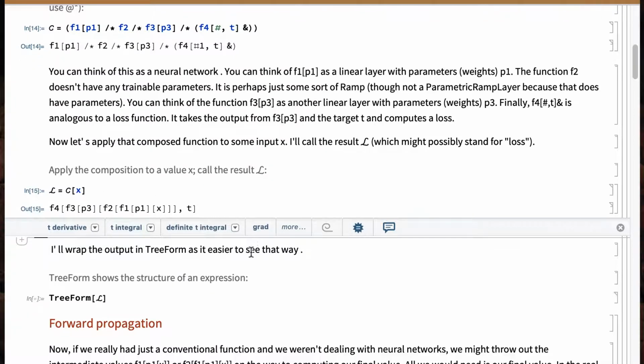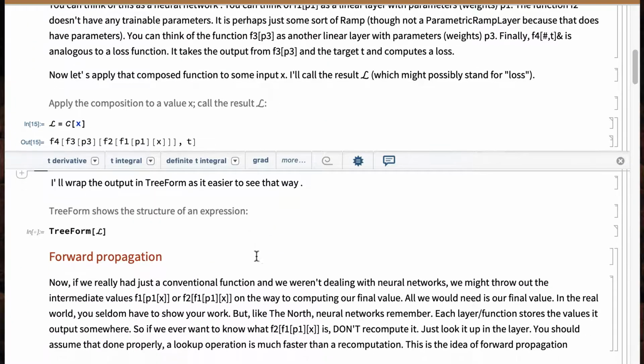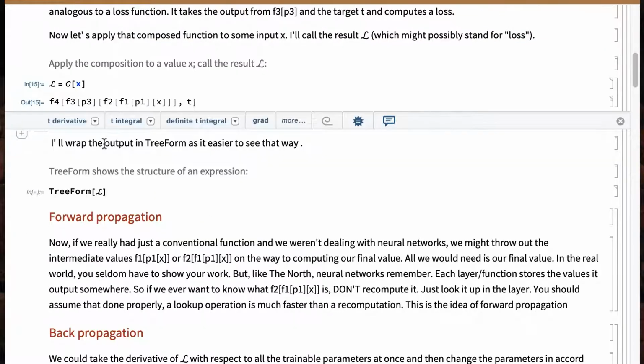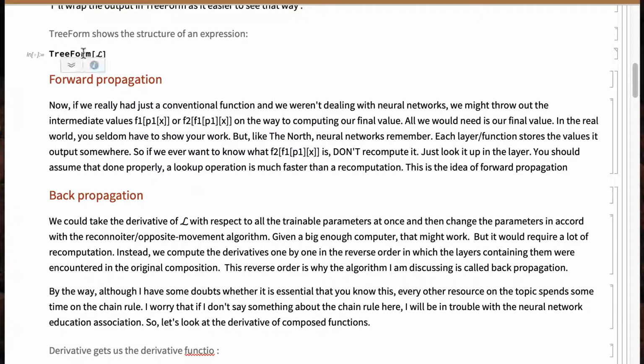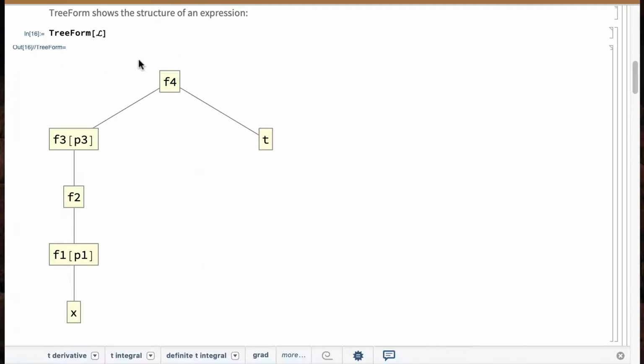So what I now want to do, in order to make the visualization of this expression easier, is to show it in tree form. I showed you tree form way back when in one of the early videos, and we're actually going to use it now. All right, so there it is.